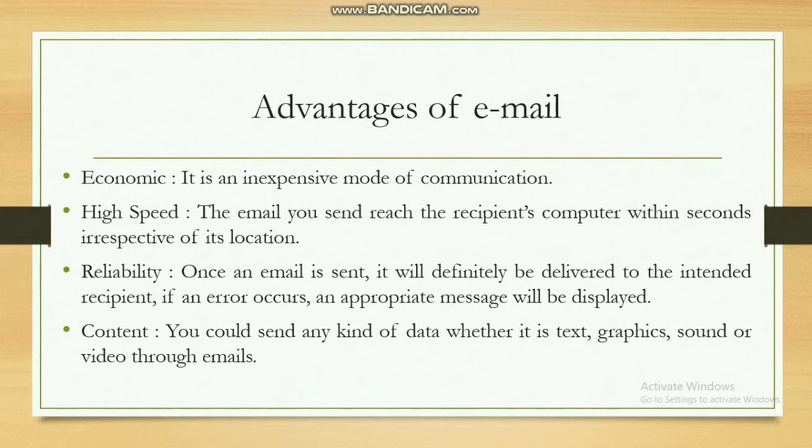But once an email is sent on the internet, there are protocols kept over there which ensure that it is delivered to the inbox at the right time. And if there is any difficulty in delivering the mail, an appropriate message will be displayed to you as well as to the recipient.